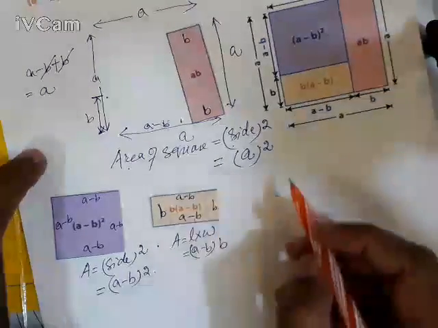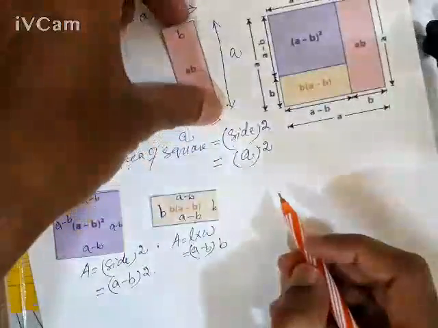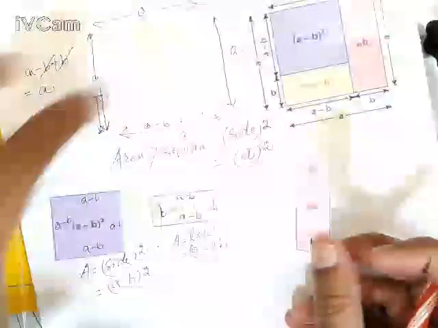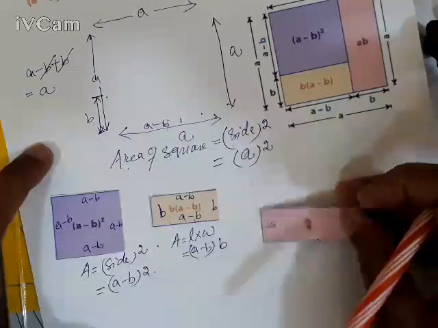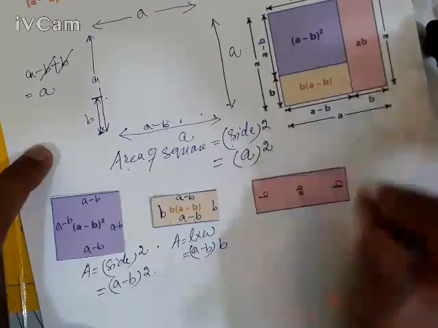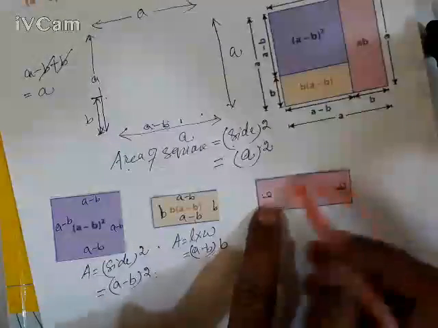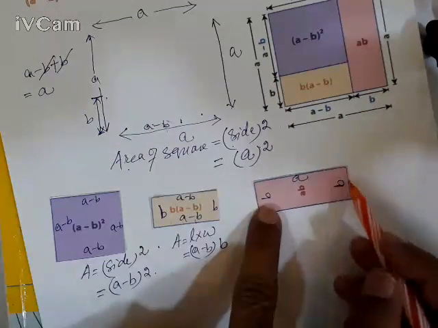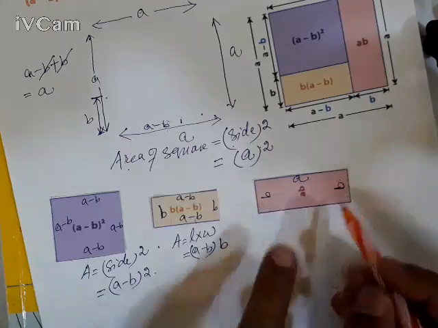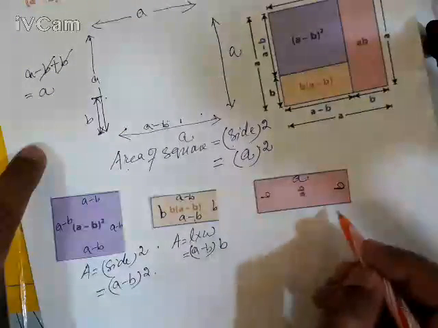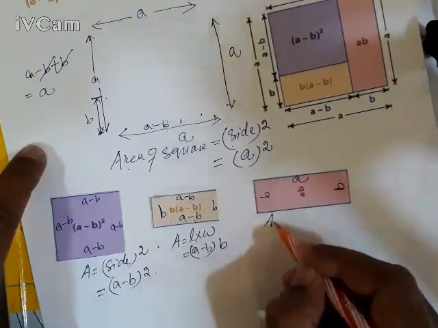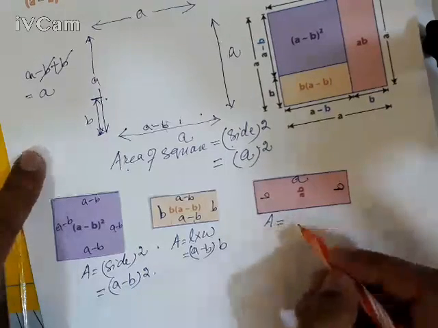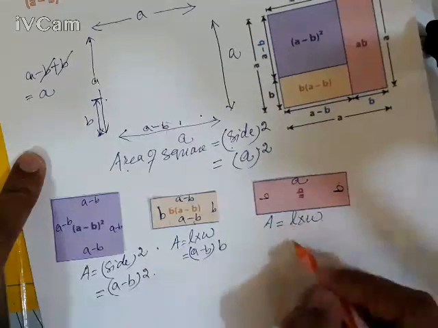Now the third one, if we pick this one and paste it over here, as we know that this complete length is a, and this is the width of the rectangle. So again this is the shape of a rectangle, so again we will use the same formula, area is equal to length multiplied by width.